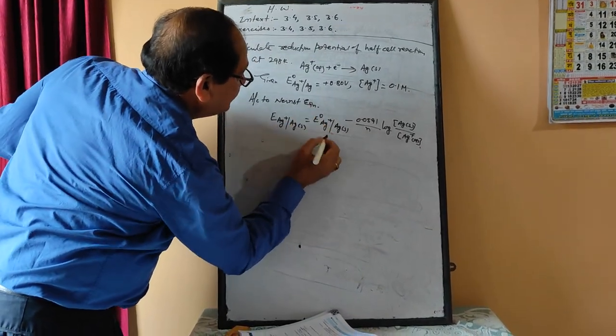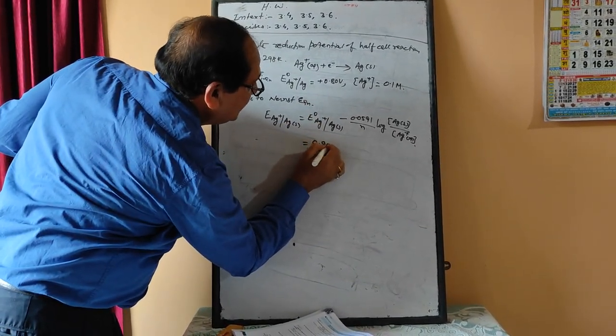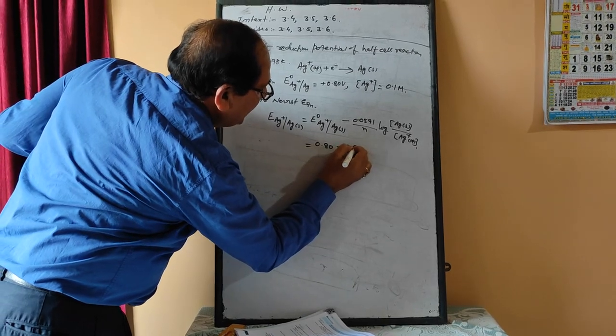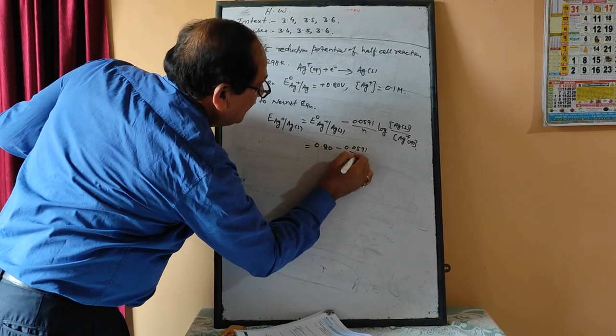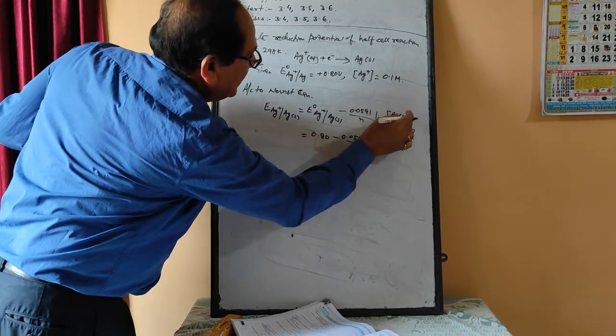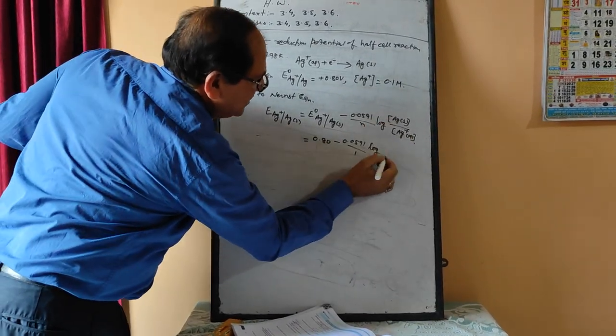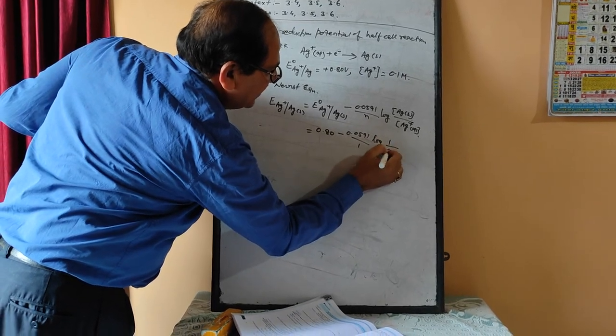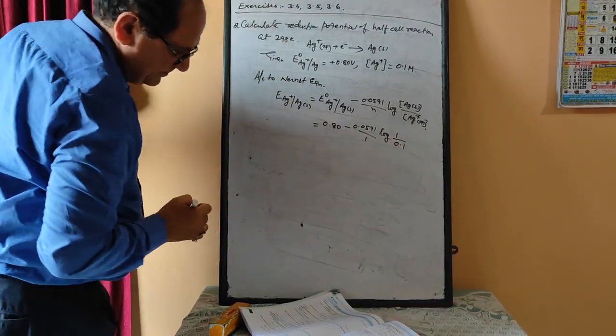So it is 0.80 minus 0.0591 by n, where n is equal to 1, log 1 divided by 0.1.